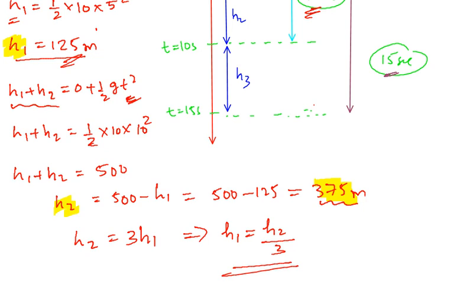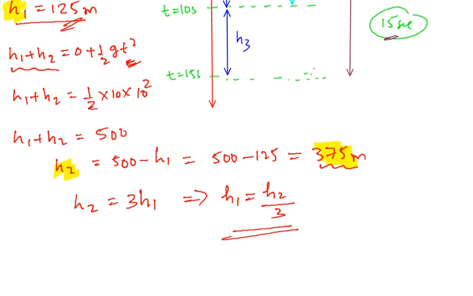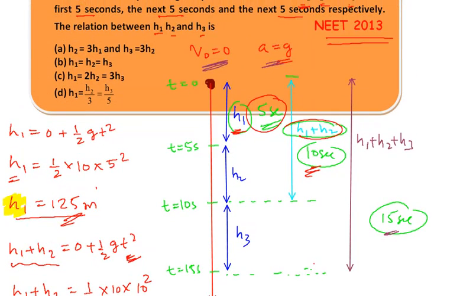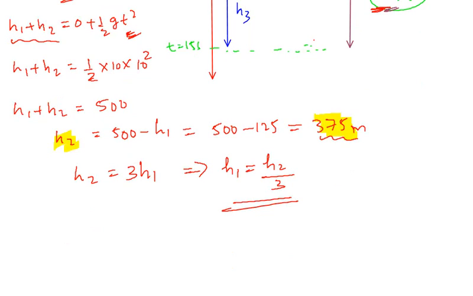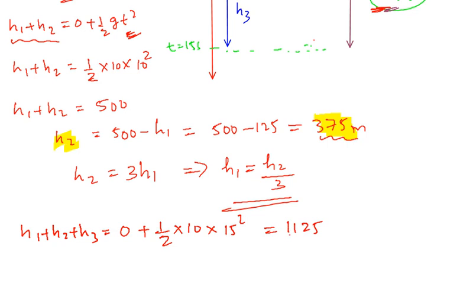This is the distance traveled in 10 seconds. Now come to one more, the distance traveled in 15 seconds. That is h1 plus h2 plus h3. Therefore h1 plus h2 plus h3 equals V naught is 0, half g, where g is 10, and t square is 15 square. 15 square into 10 by 2 gives 1125.